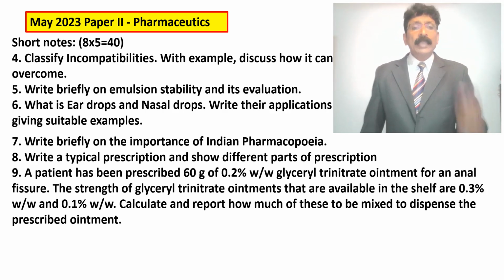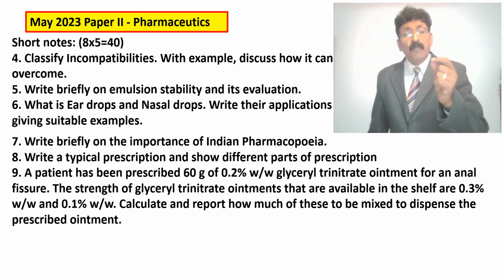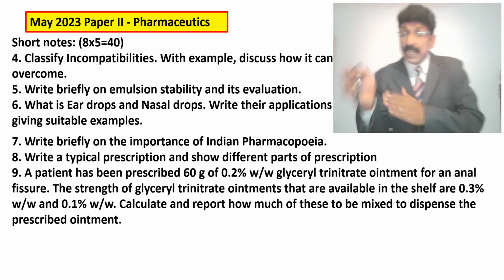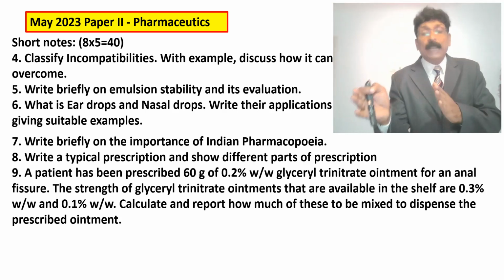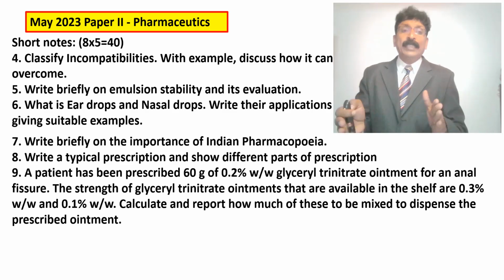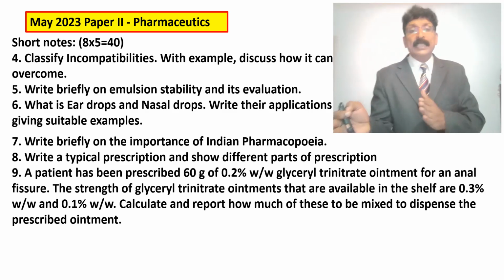The strengths of glyceryl trinitrate ointment available on the shelf or in the working place are 0.5%, 3% weight by weight and 0.1% weight by weight.